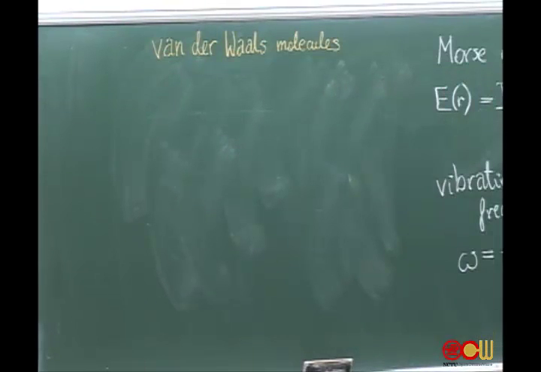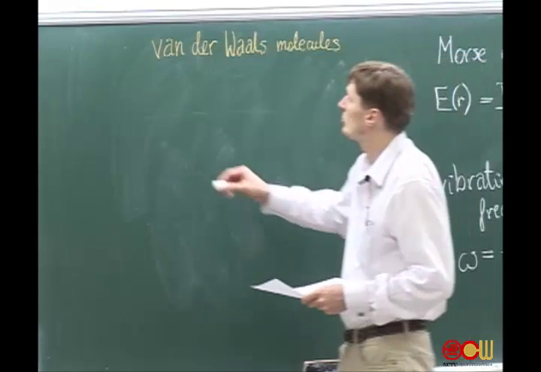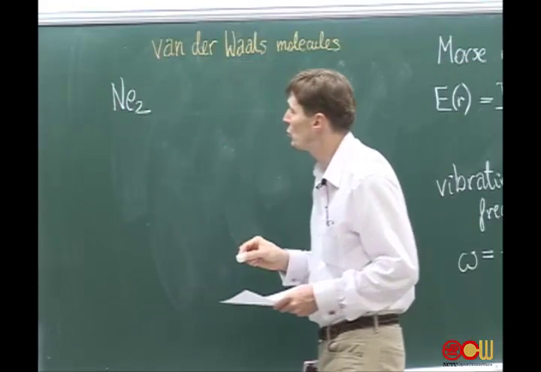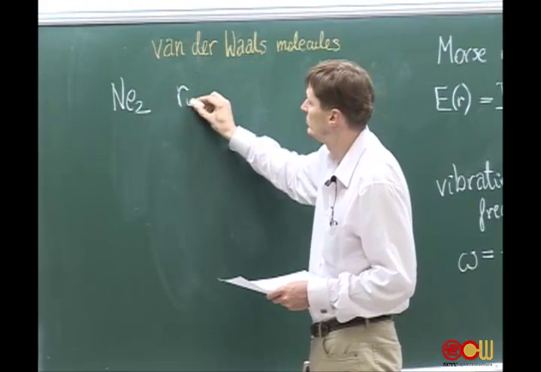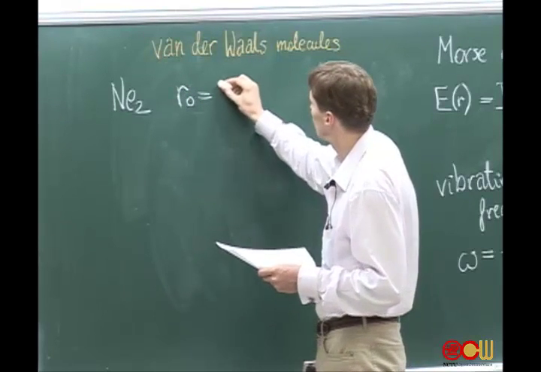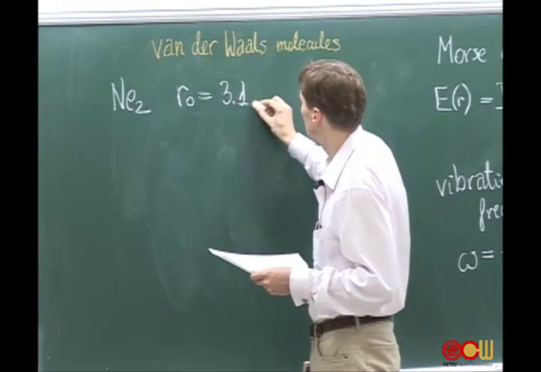So let's start with the first van der Waals molecule. And we need some parameters for this van der Waals molecule. So for neon 2, r0 is 3.1 angstrom.